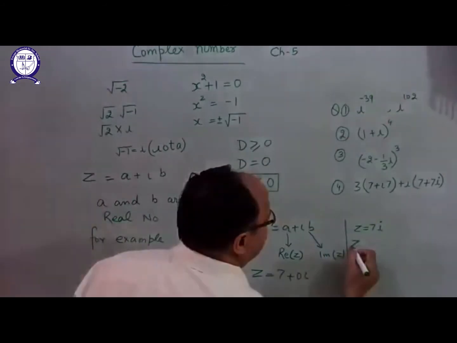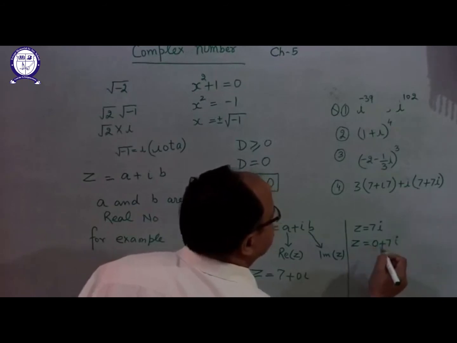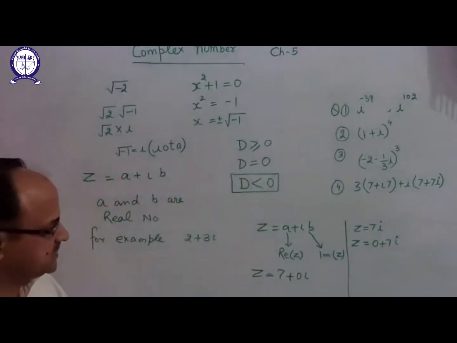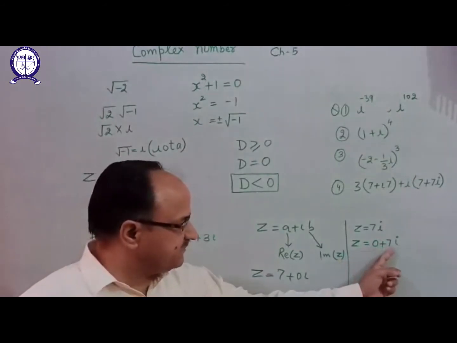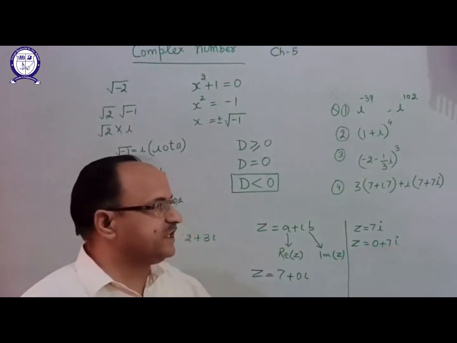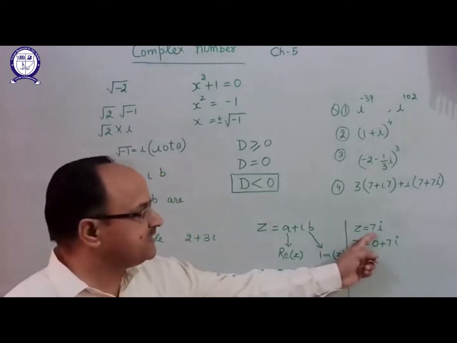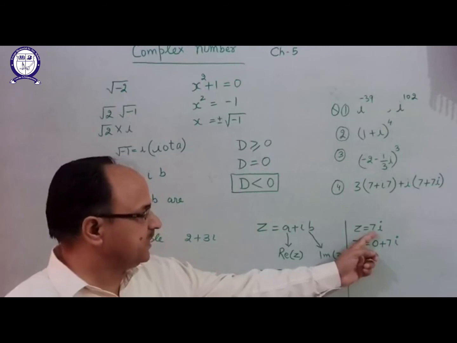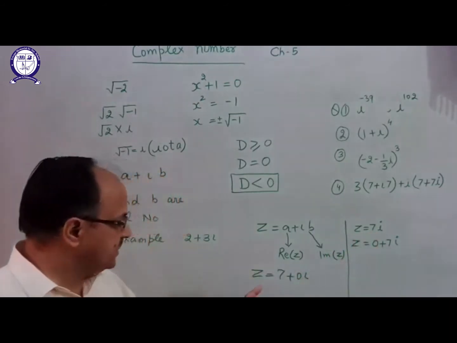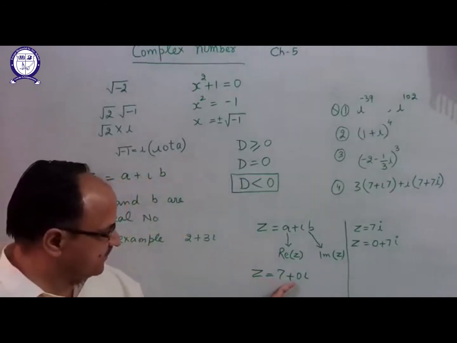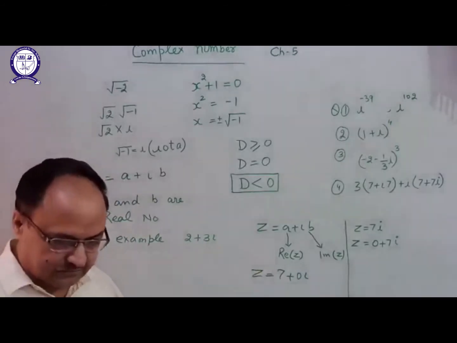In the standard form you can write 0 plus 7 iota. So 0 is the real part and 7 is the imaginary part. It is purely imaginary. So z is purely imaginary if the real part is 0, and z is purely real if the imaginary part is 0. Clear? Okay.